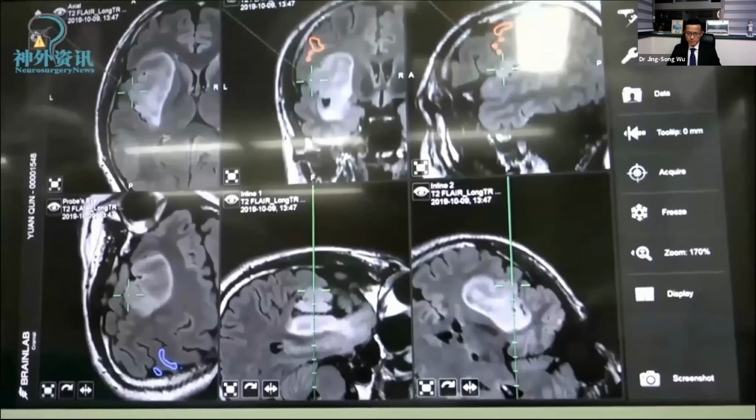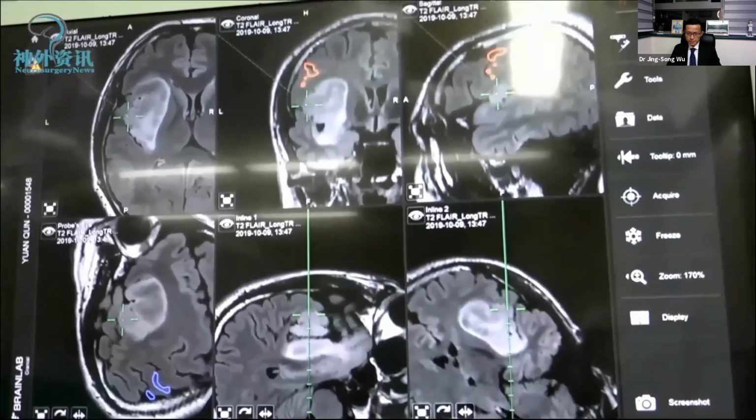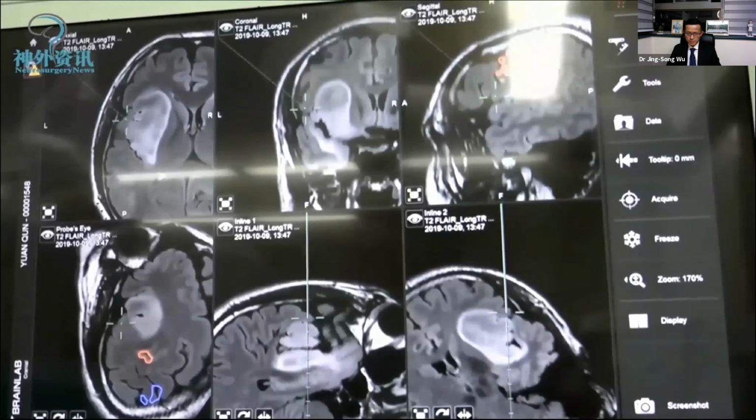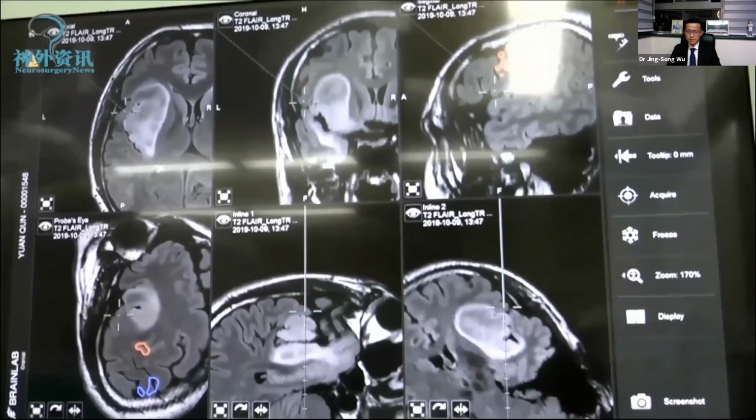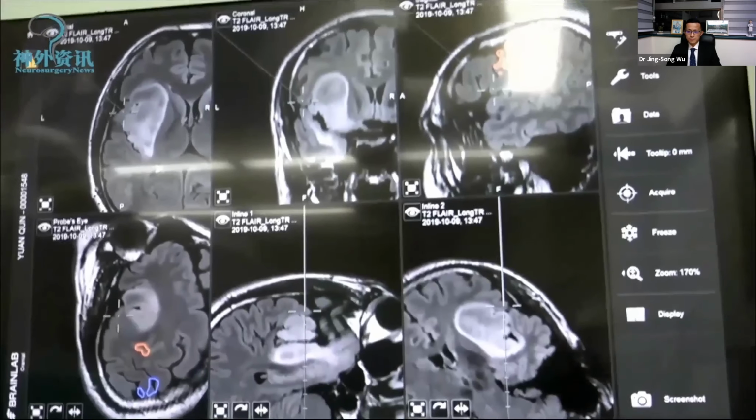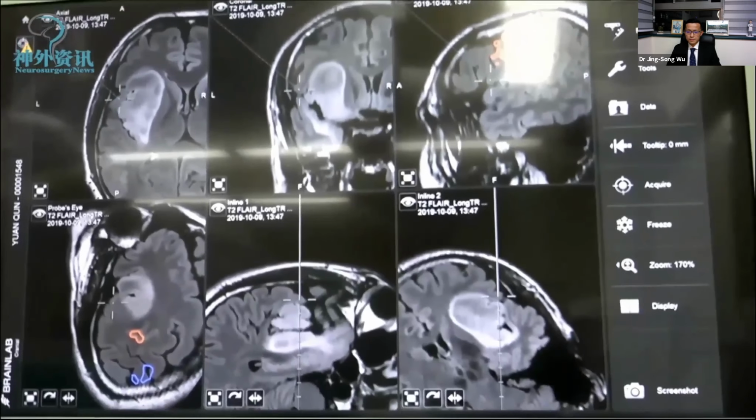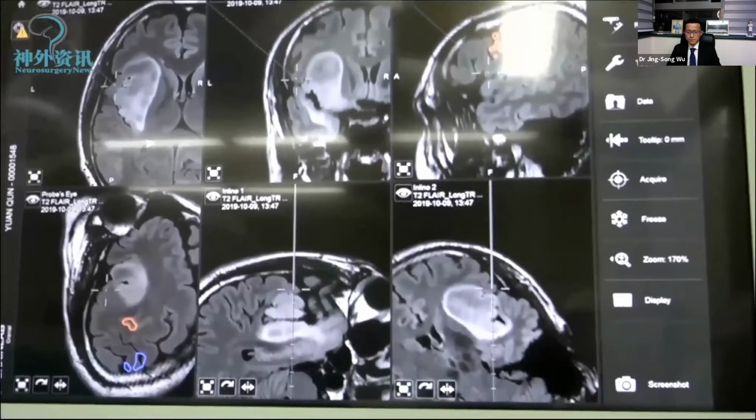The neuronavigation system was implemented throughout the surgical procedure to not only help the surgeon determine the extent of tumor invasion, but also help identify important anatomical structures.